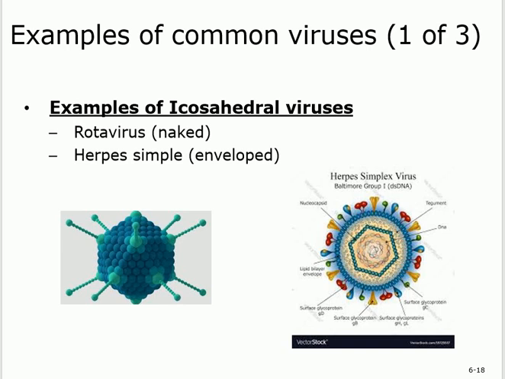And what does icosa mean again? 20, yes. Icosahedral means 20 sides. So rotavirus is an example of icosahedral virus. Herpes simplex is also an example, but rotavirus is naked and herpes simplex is enveloped. These are just examples.